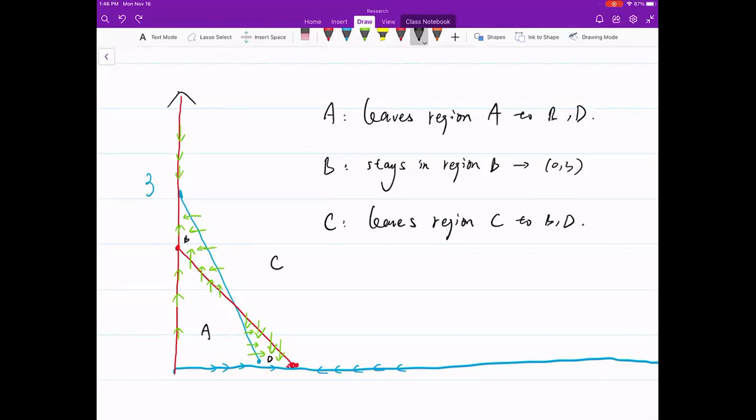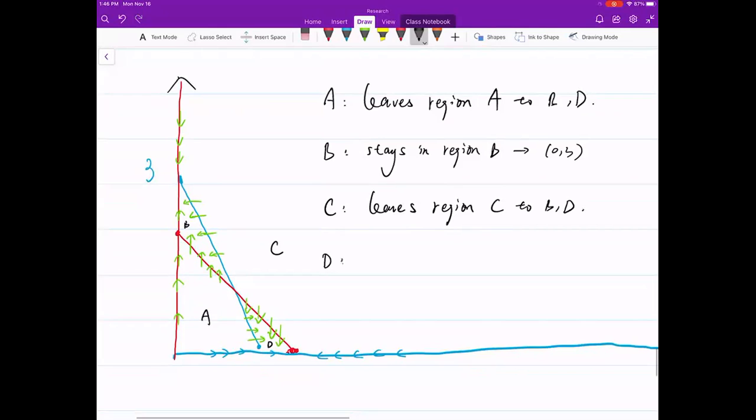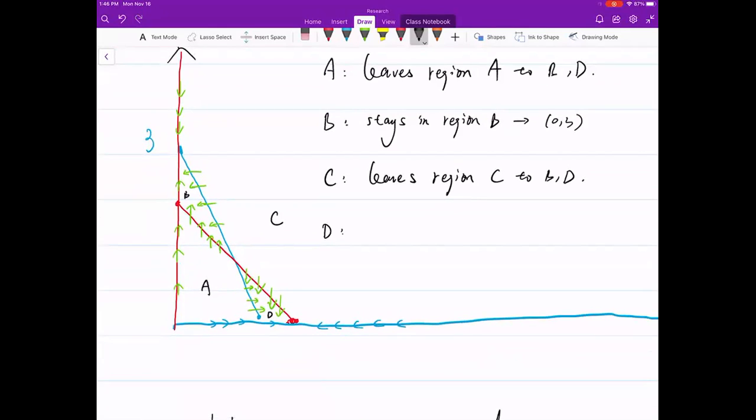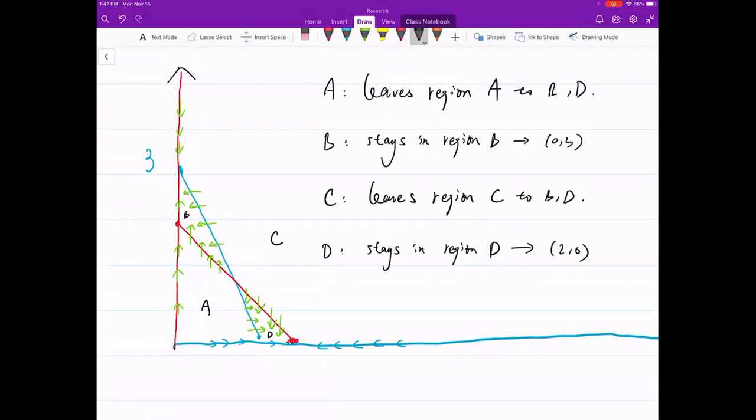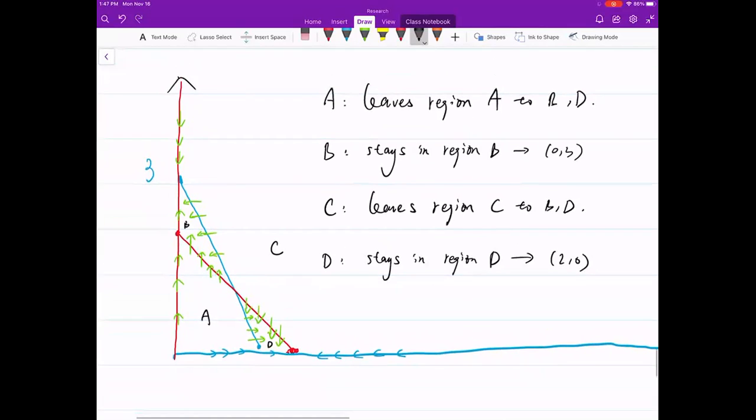Finally, for region D, I think you can see you cannot leave through the red, it pushes you down. You cannot leave through the blue, it pushes you to the right. So it stays in region D. And eventually got sucked in. If you think about it, it hit the blue line eventually, it got sucked in into 2, 0. Let me make sure this is 2.